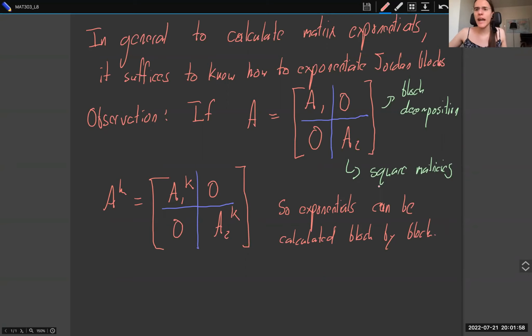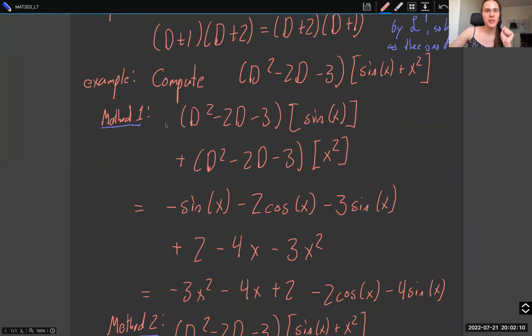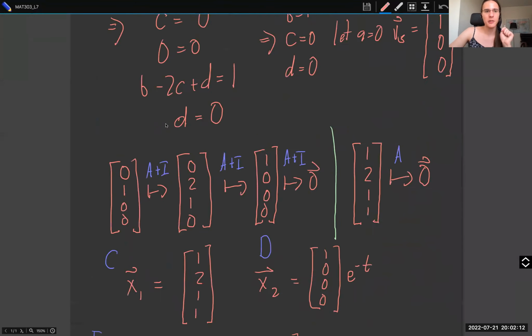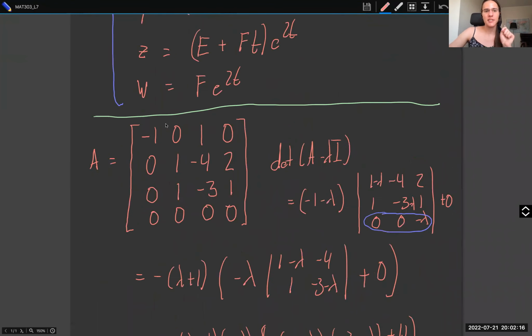Okay, well, not every single matrix is Jordan blocks, except for the fact that it is if you change basis. So let's go to the example that we did last time. Last time, we considered the second example, which was this one, right? So we considered this example.